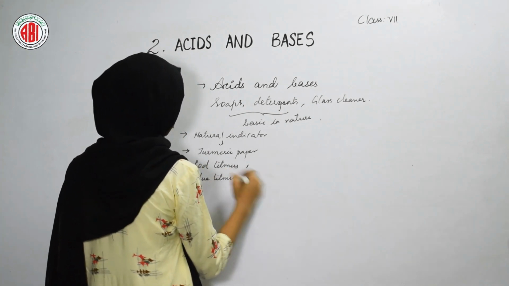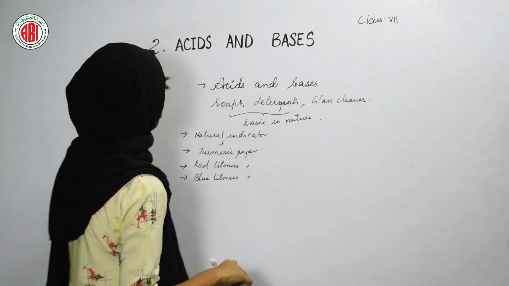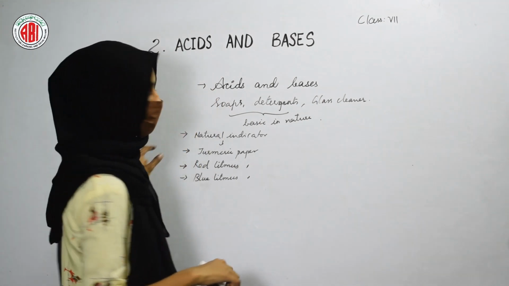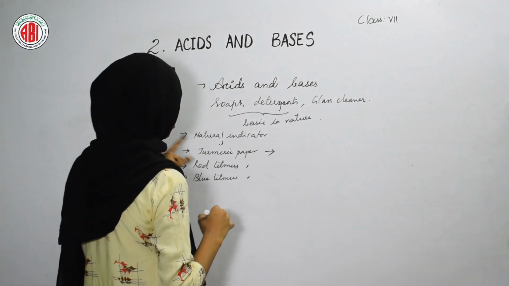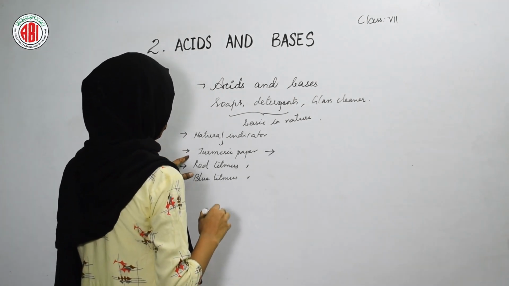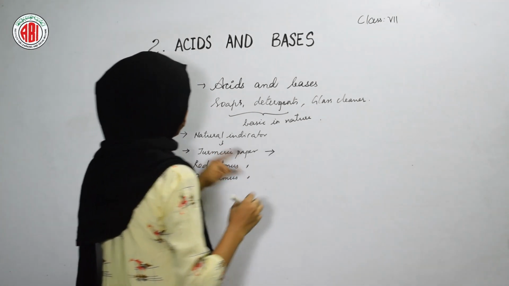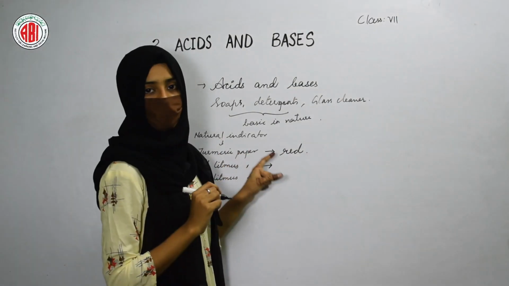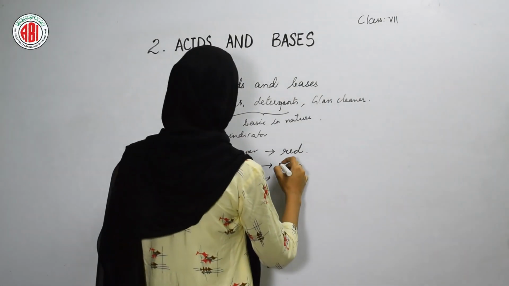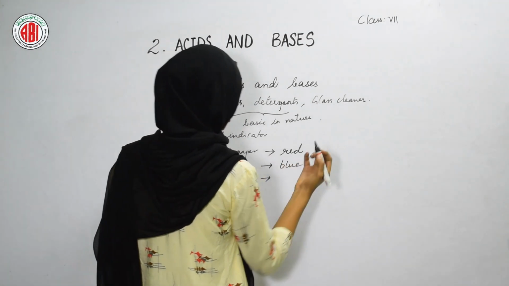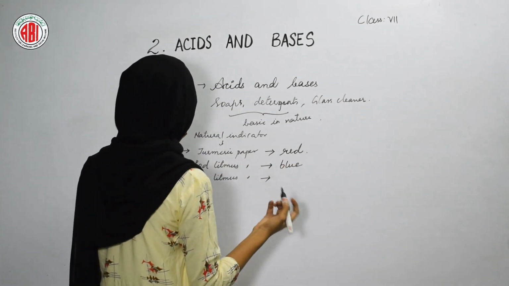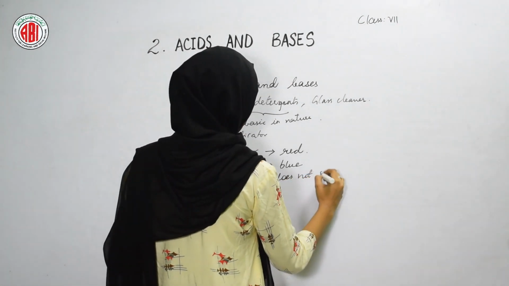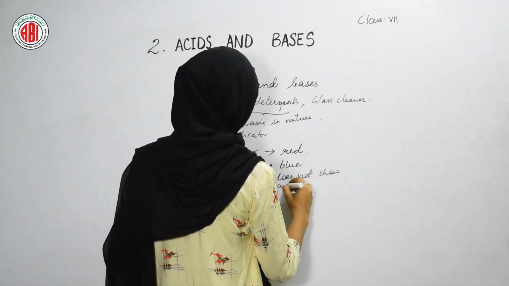When we take a soap solution to test its nature, the soap solution changes the color of the turmeric paper to red, and when we dip red litmus paper into the soap solution, it becomes blue. Blue litmus paper does not show any change in its color.